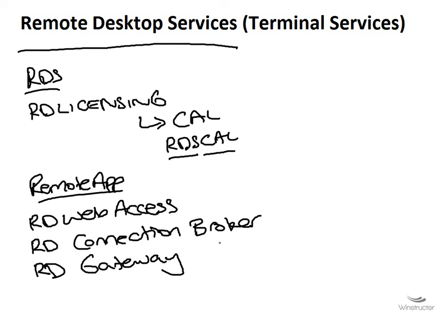So pretty much all you need is this role installed, and then your clients can communicate with the server over HTTPS using an encrypted connection without needing a VPN connection. Another feature of this remote desktop gateway is that it also can be used as a NAP enforcement point. And if you want to learn more about NAP and how it works, be sure to check out our videos on that topic. NAP, Network Access Protection, it's a really interesting subject, and I'd recommend that you take a look at our videos.